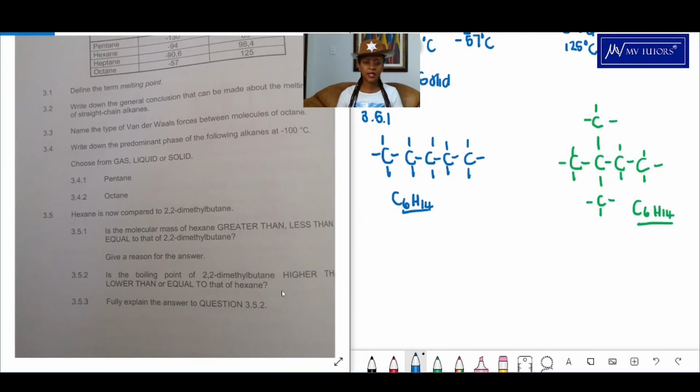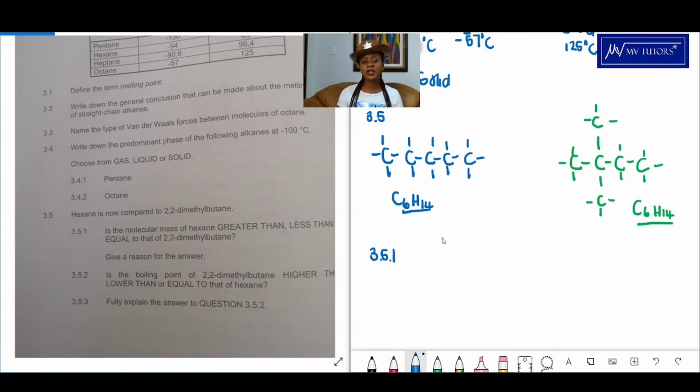So now 3.5.1. Is the molecular mass of hexane greater than, less than, or equal to that of the 2,2 dimethyl butane? Okay, guys, molecular mass, you have the same molecular formula. If you go look at your periodic table, C has a molar mass of 12, hydrogen a molar mass of 1.